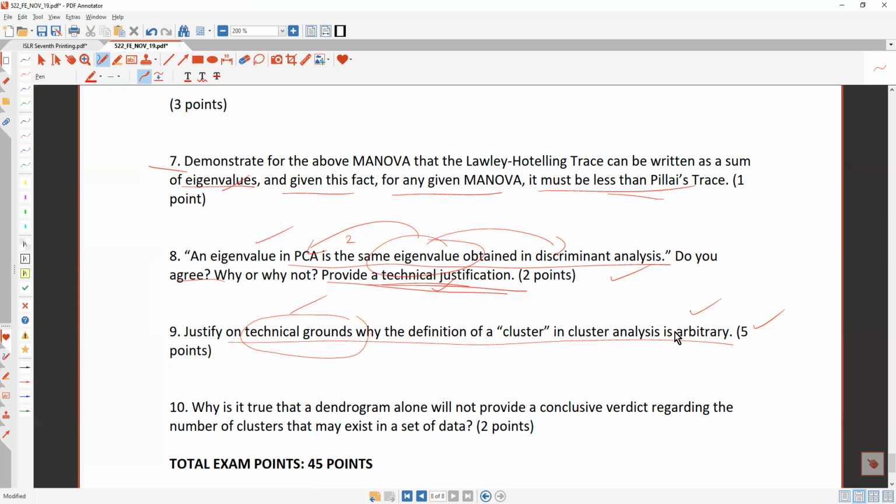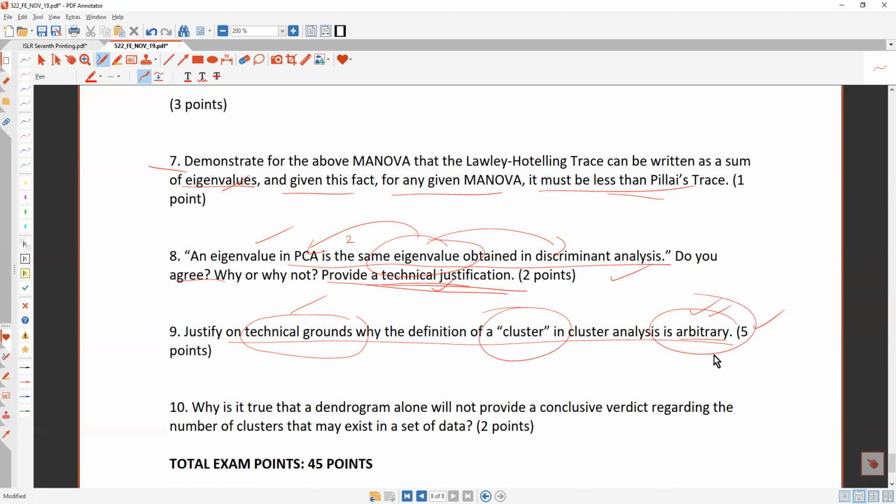You say, you know what, they can be considered arbitrary because this is what cluster analysis does, which is what makes it arbitrary. If you say it's arbitrary, and let me just tell you what cluster analysis does, you're not connecting the two things, right? It's arbitrary because of what cluster analysis does.